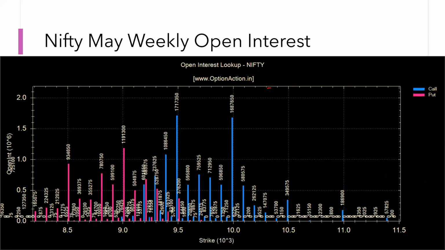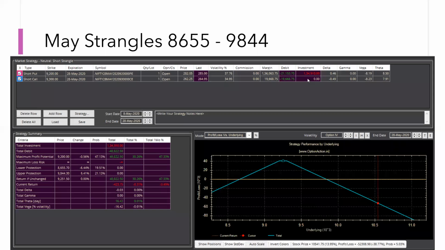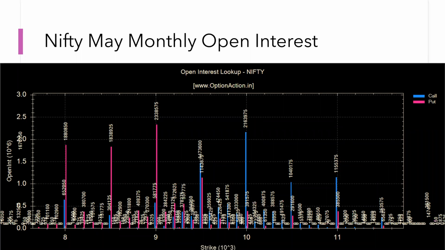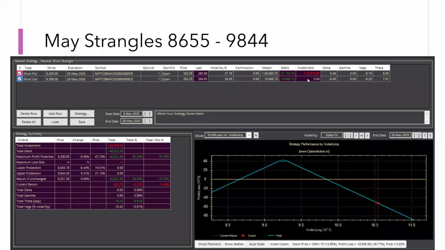Overall, from all these conclusion points, from the weekly data point, the monthly data point, or the May strangles data point, the May monthly they are writing 9,000 call options. So finally, looking into all these data points, my thinking is that 9,000 to 9,800 plus is the right expectation.